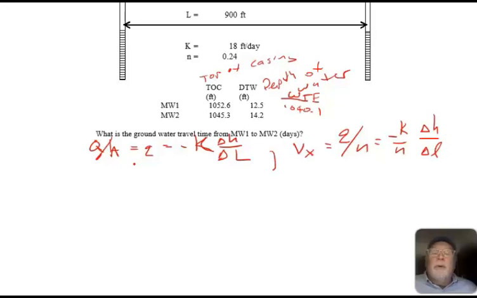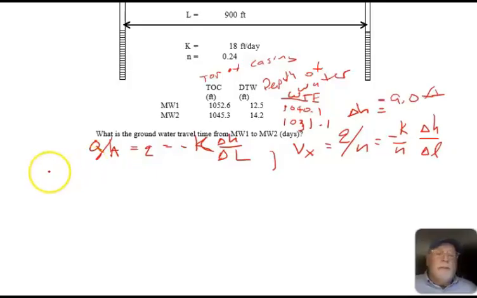And monitoring well 2, this is the actual elevation of the water table. That's what we want to know, the total potential, the total head. 1045.3 minus 14.2 would be 1031.1. So the delta H would be 9 feet.